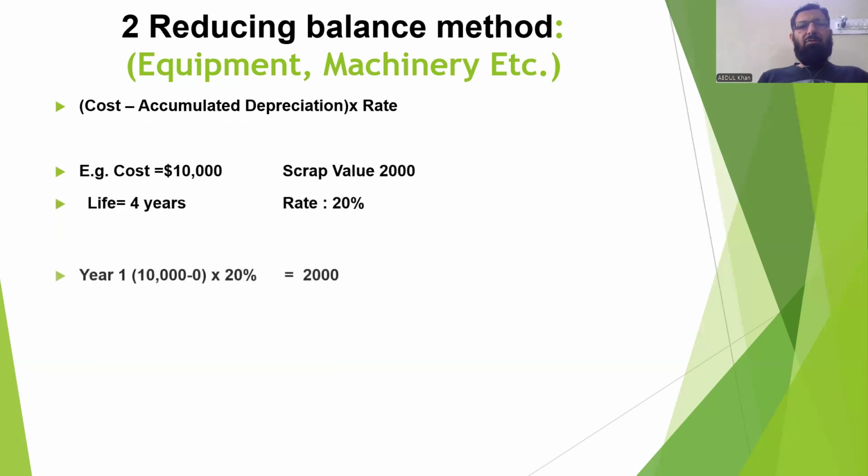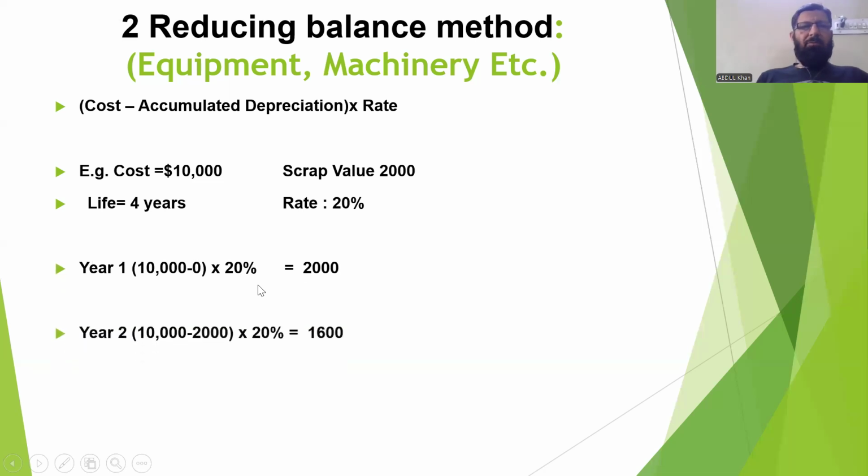Use only what is needed for your calculation and ignore the other things. For year 1, that is 10,000 minus 0, because this is the first year and no depreciation was calculated before year 1. Then apply the rate, and you ignore scrap value and life. Year 2 is the same thing.